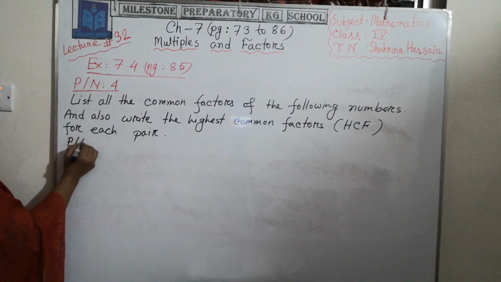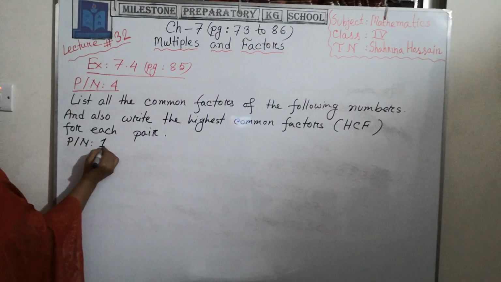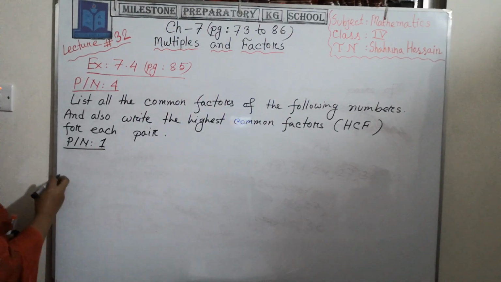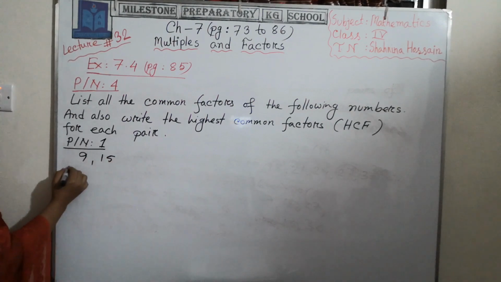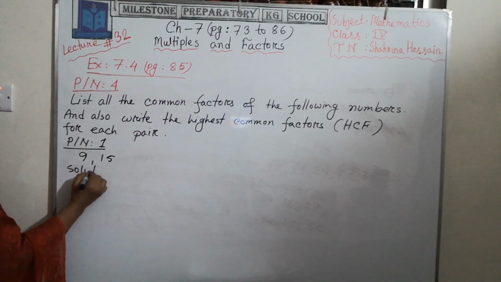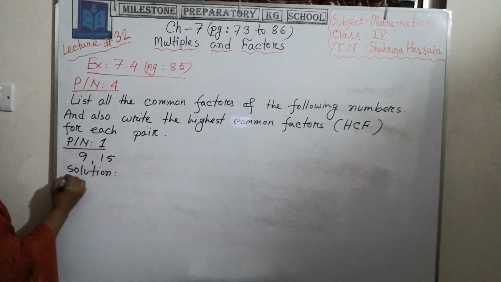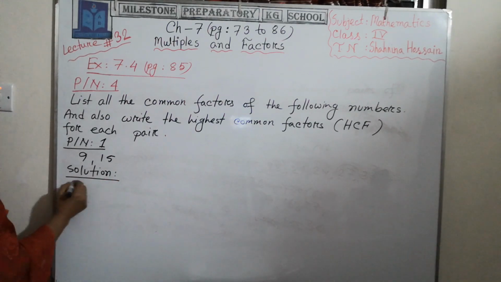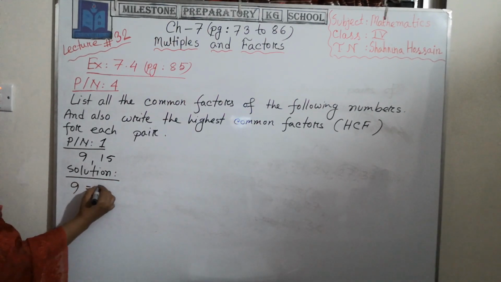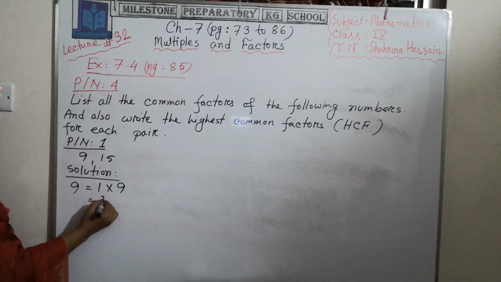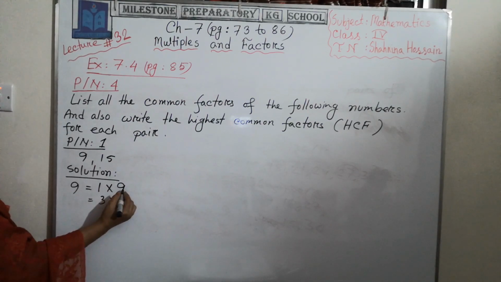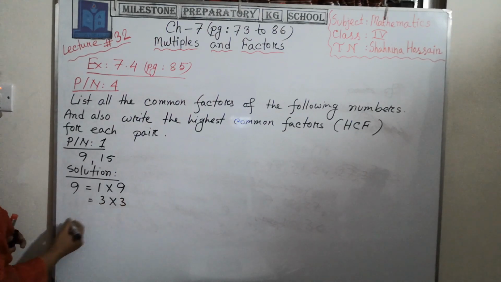Problem number 1: 9 and 15. Solution. Factors of 9: 1 nine is 9 and 3 threes are 9.